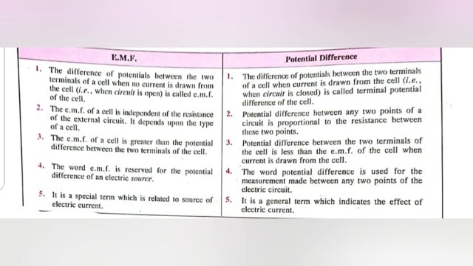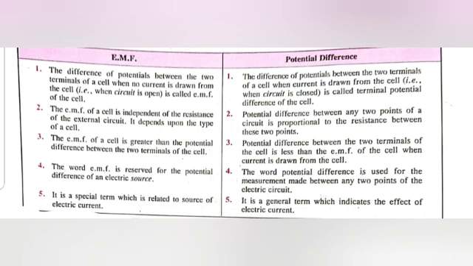Now the third point: the EMF of a cell is always greater than the potential difference, because it is the maximum value. The voltage known as EMF of the cell is actually the maximum value of voltage, because right now we are not drawing any current. So it would always be greater than the potential difference.